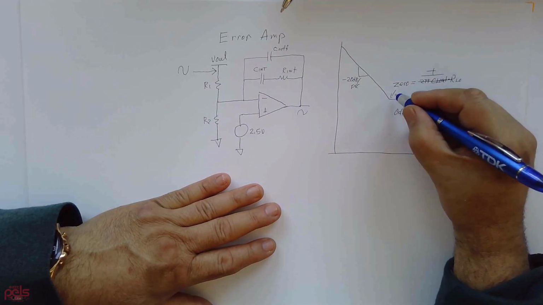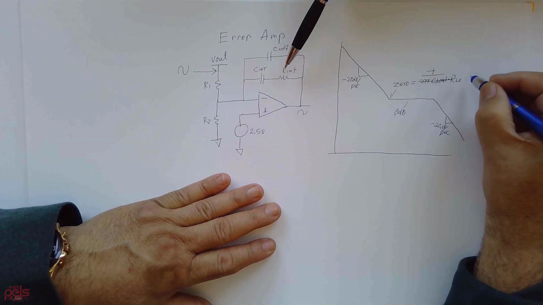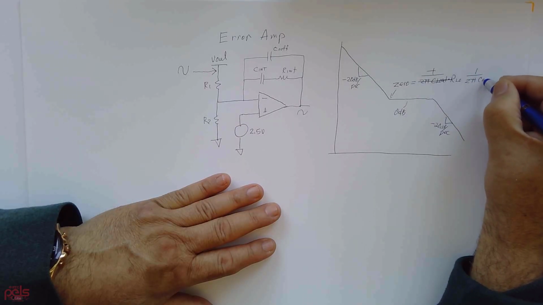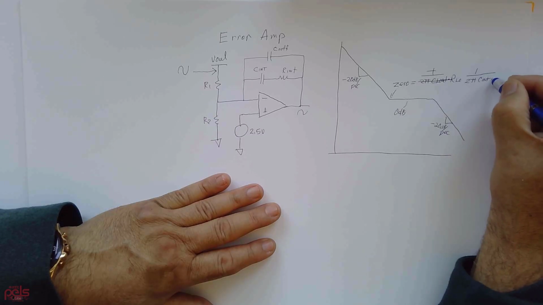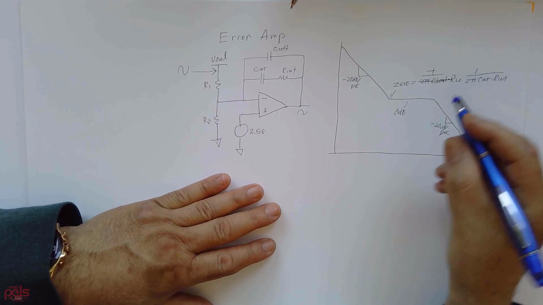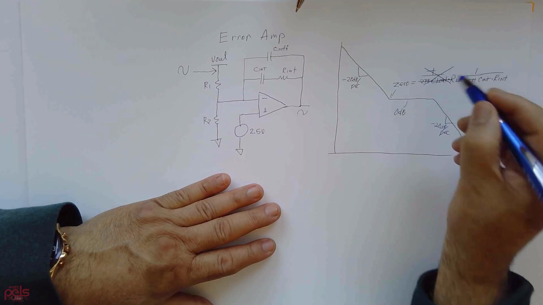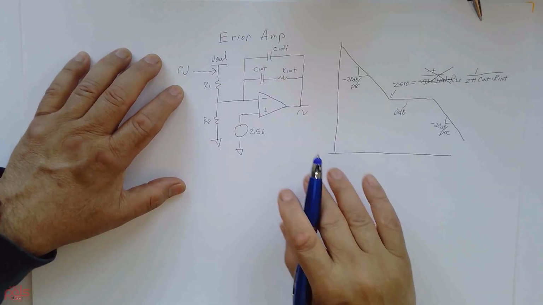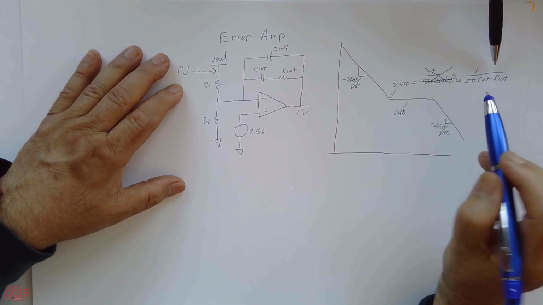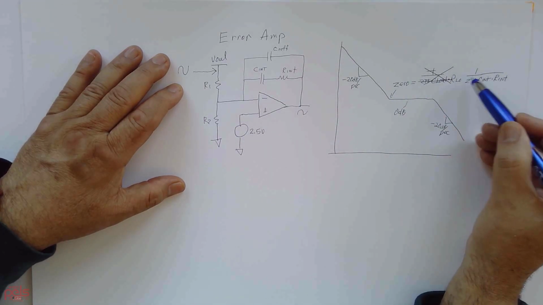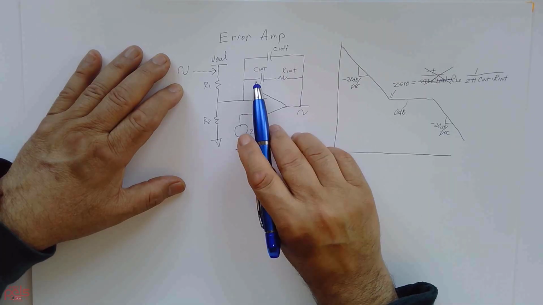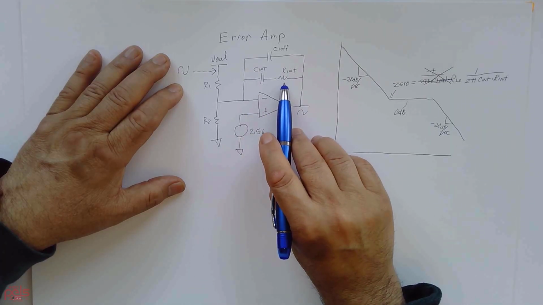That point on the integrator is going to be 1 divided by 2 pi C integrator times R integrator. We're talking about here the error amp. I just want to make sure it's 1 divided by 2 pi, C integrator and R integrator.